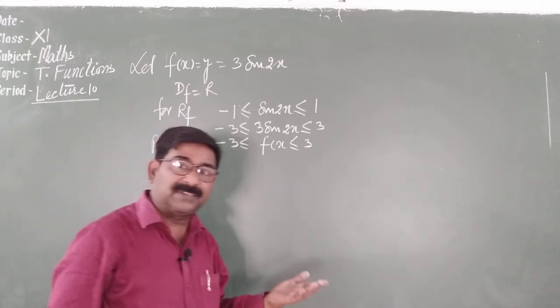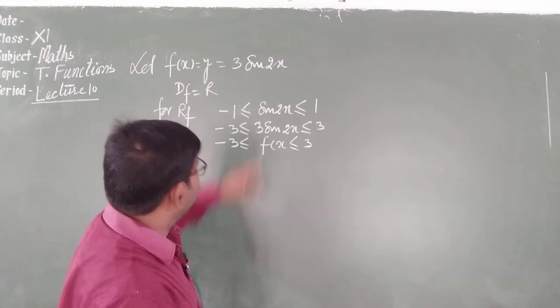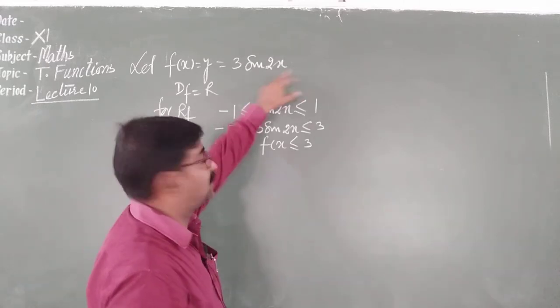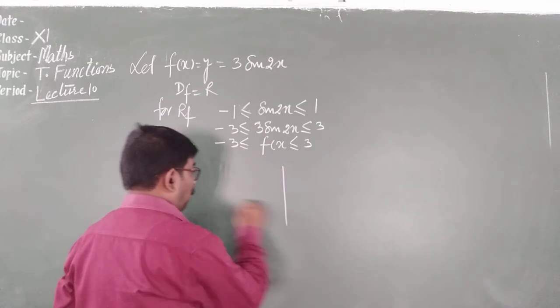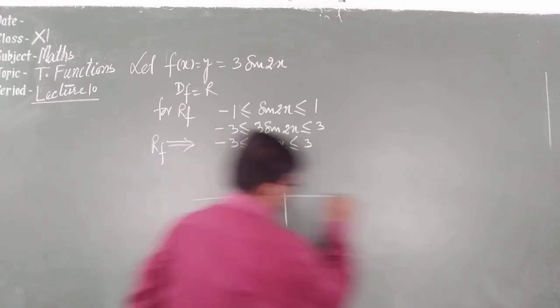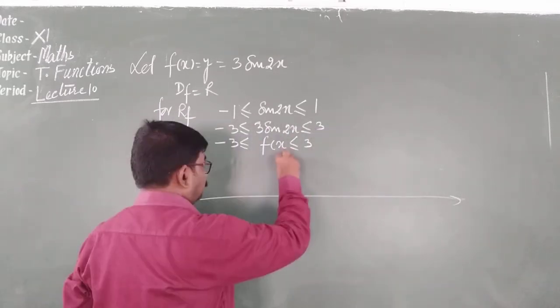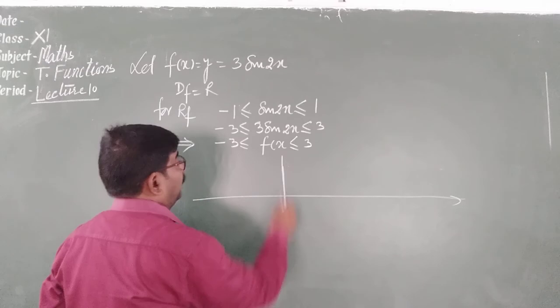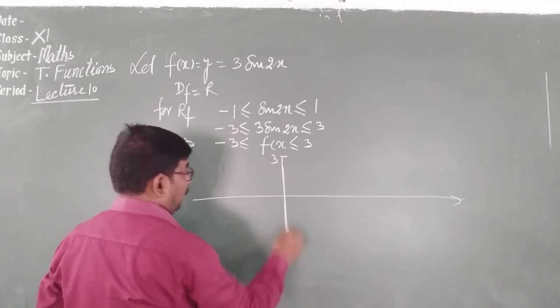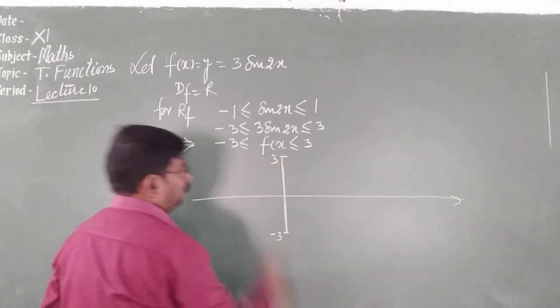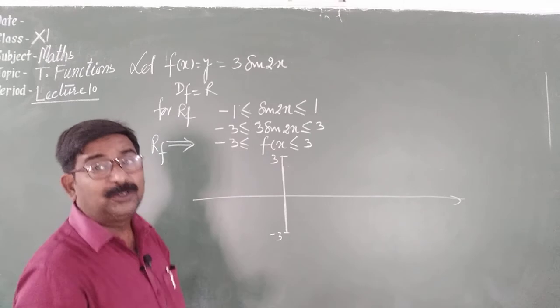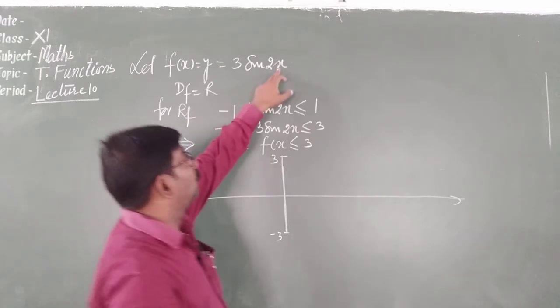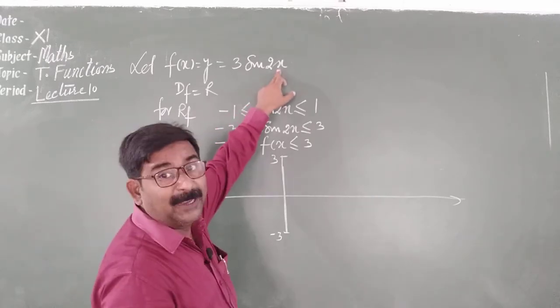The graph will be plotted the same. What is the difference? Here we have 2x. So when we plot the graph, try to understand. Here we have 3 and -3. But when x is equal to π/2, it becomes π/4.